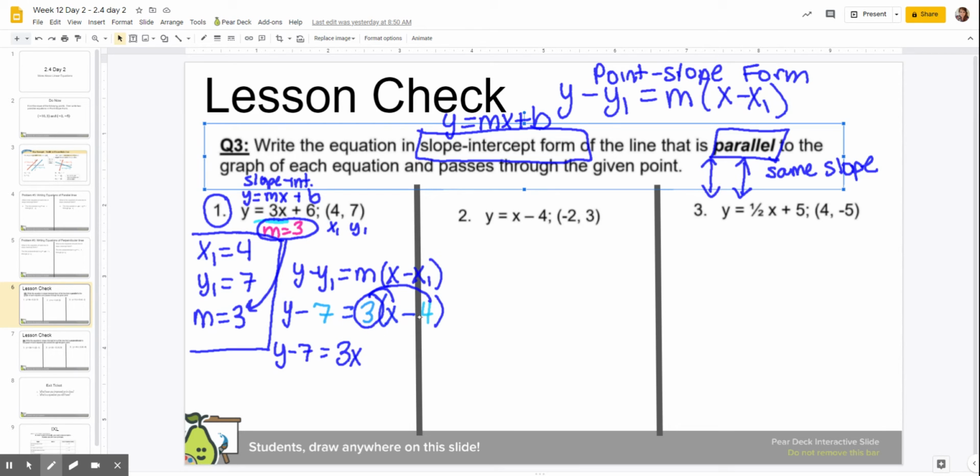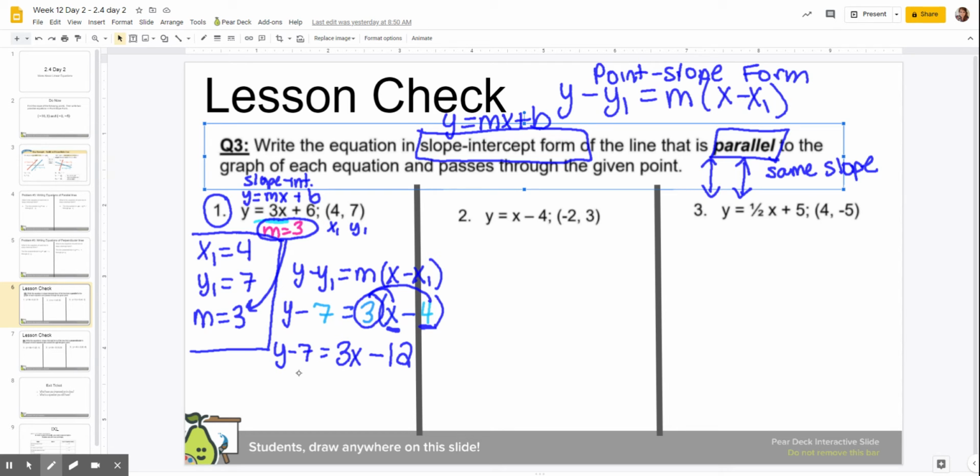And 3 times minus 4, positive times a negative is a minus, is a negative. 3 times 4 is positive 12. So once again, when you distribute your slope, you have to multiply it to the x and the constant that is behind it.